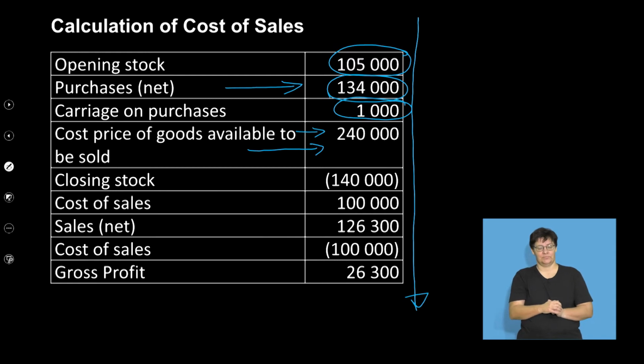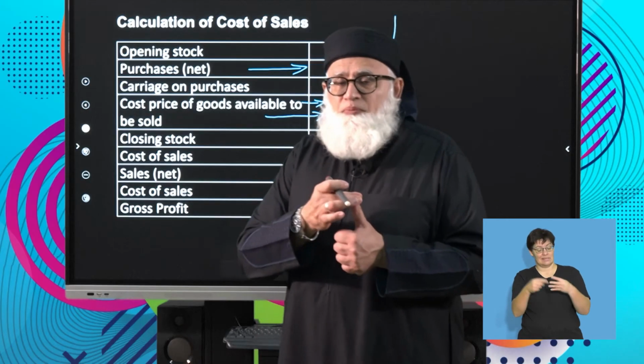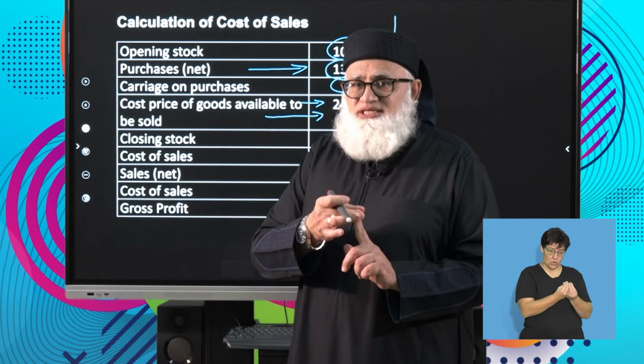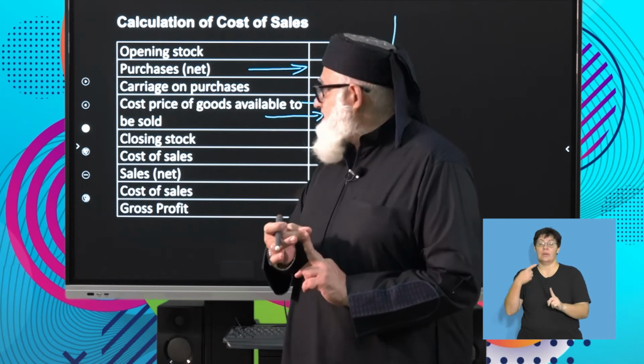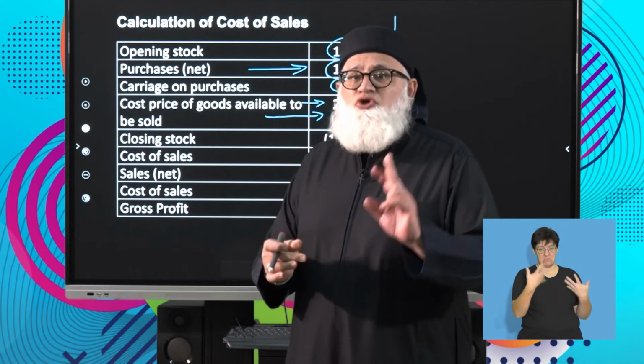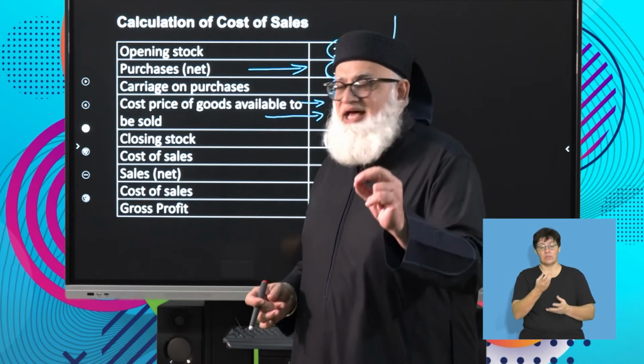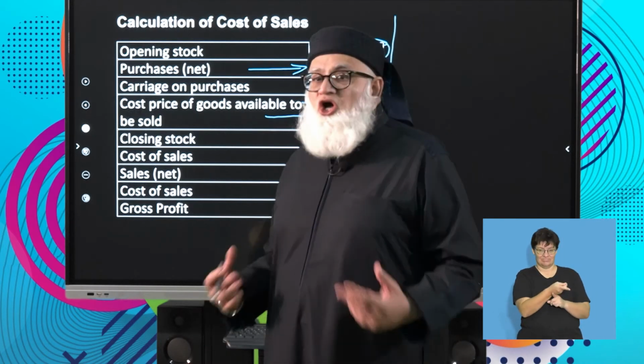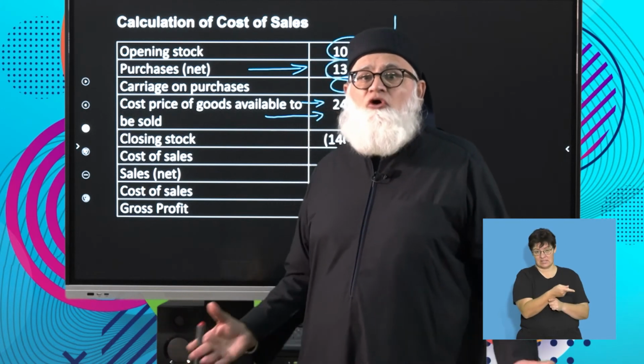Now add the components. Add your opening stock plus your purchases plus your expenses on purchases. In this case here, it was only the carriage on purchases to give you your merchandise or goods or the cost price of goods available for resale.